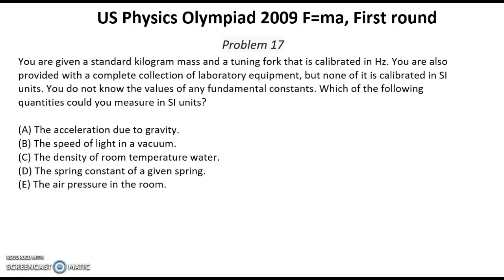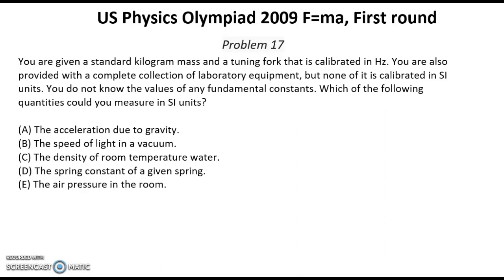Problem number 17. You are given a standard kilogram mass and a tuning fork that is calibrated in Hertz. You are also provided with a complete collection of laboratory equipment, but none of it is calibrated in SI units. You do not know the value of the fundamental constants.